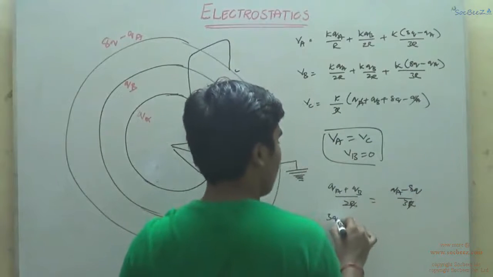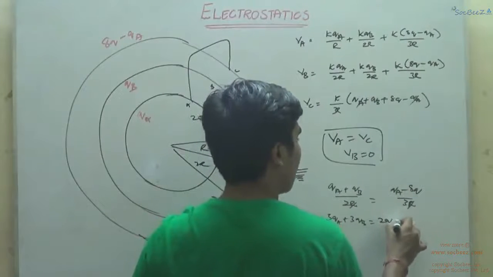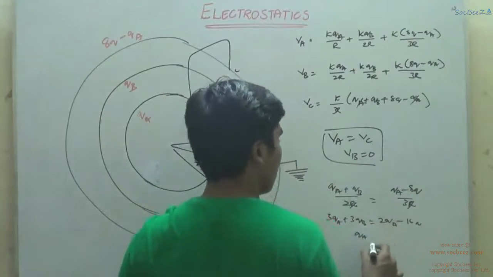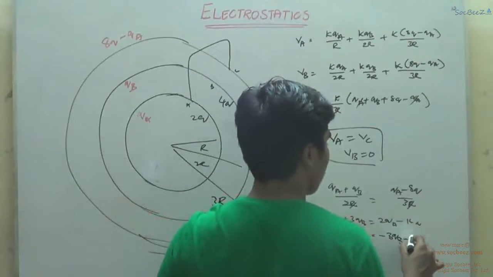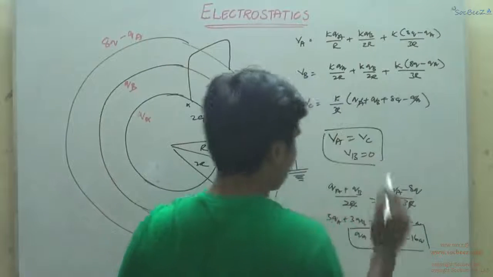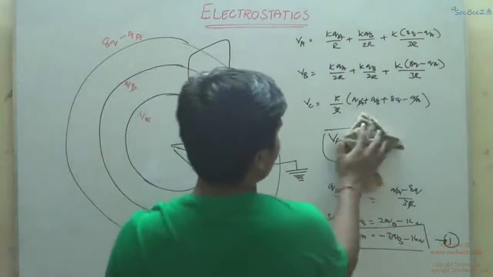So 3QA plus 3QB is equal to 2QA minus 16Q. So QA is equal to minus 3QB minus 16Q. This is one equation we get.